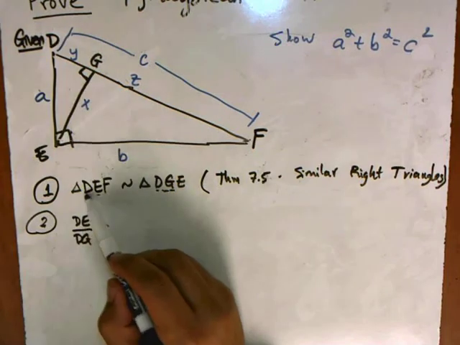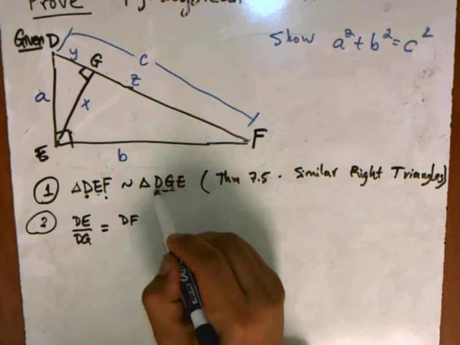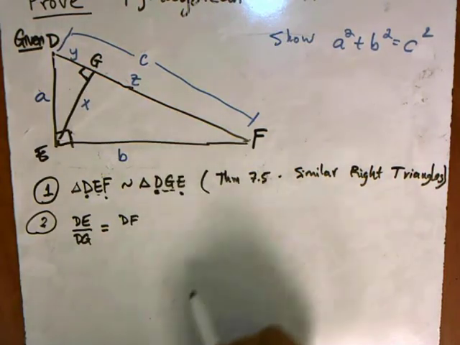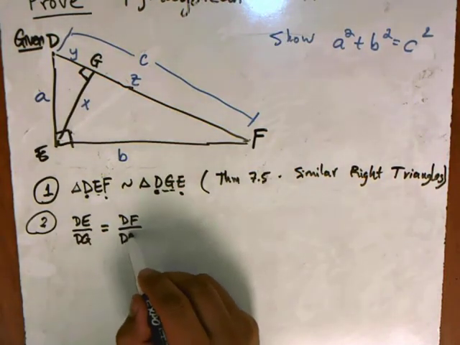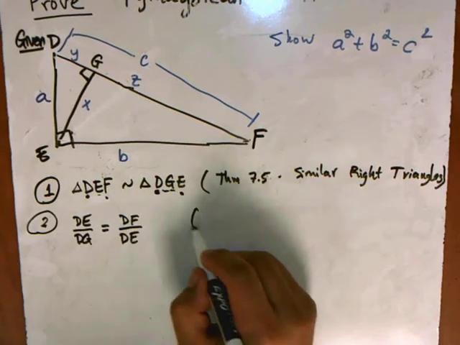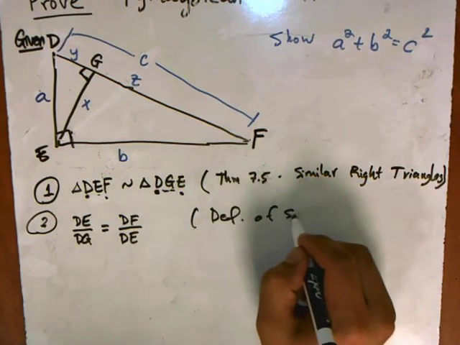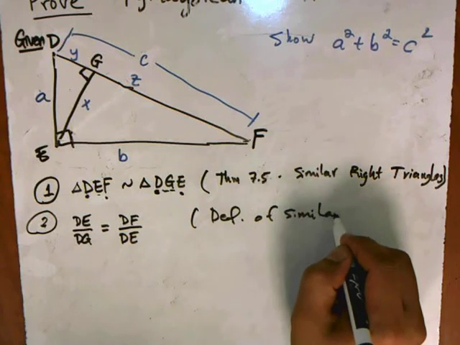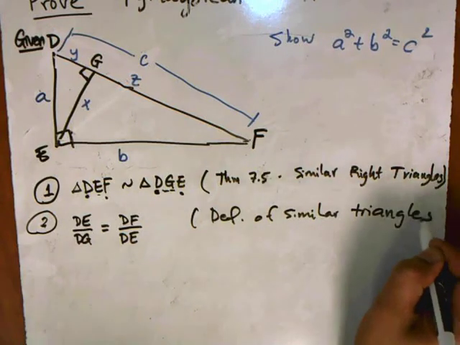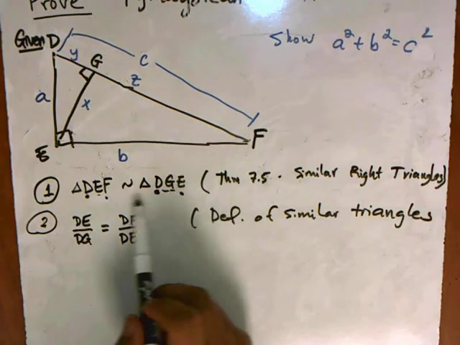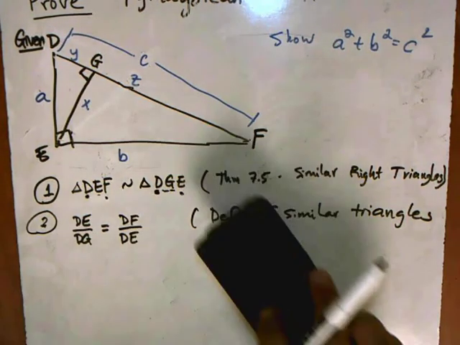Now look at these two points: D and F of the first triangle is also comparable to D and G of the second triangle. This is the definition of similar triangles. If the triangles are similar, I can write a proportionality statement. These dots and dashes right here, I'm just pointing out so you can see a little better. They don't actually mean anything.